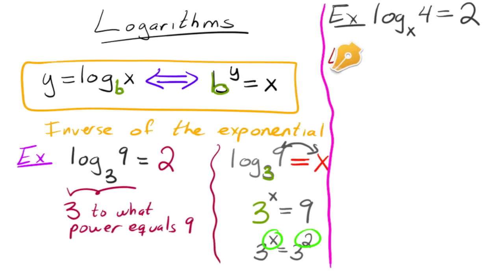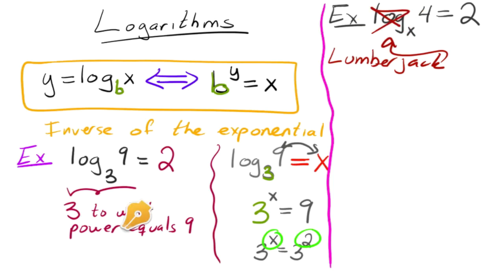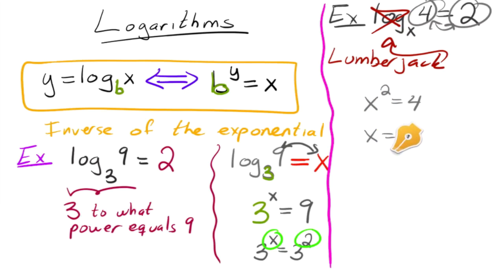And, well, who knows how to get rid of logs? That's right, the lumberjack. The lumberjack comes in and he goes, whack, whack. And then he goes, hey, you switch places. So then you would have x, which is the base, to the 2 is equal to 4. So then you solve for x and you get x is equal to 2.